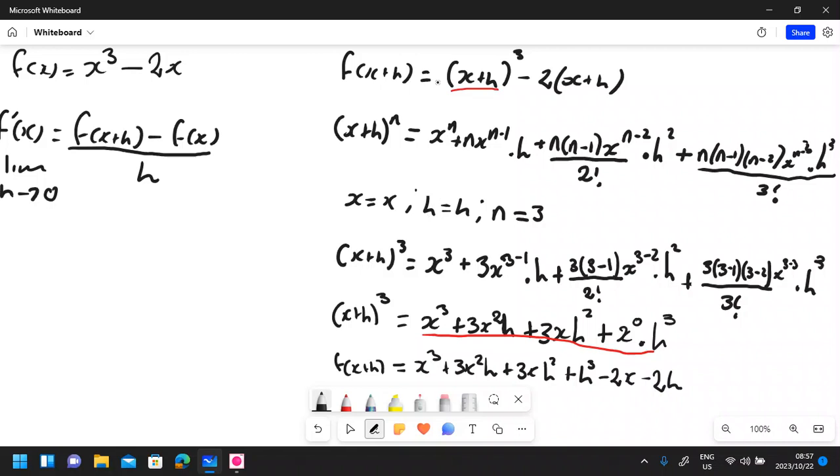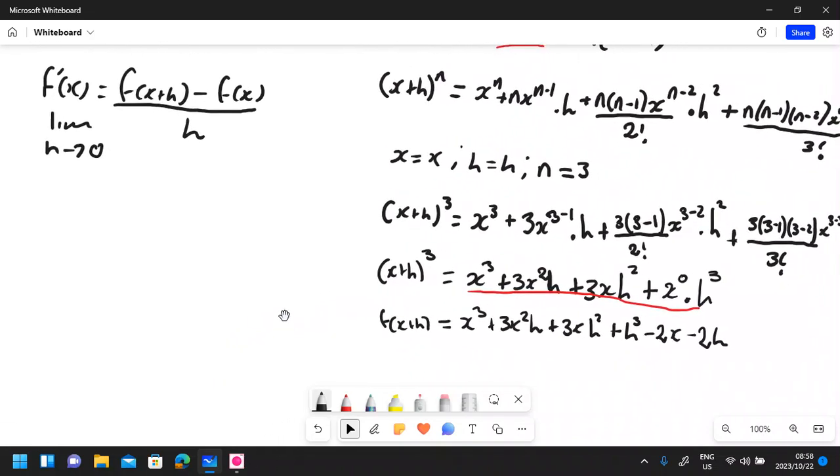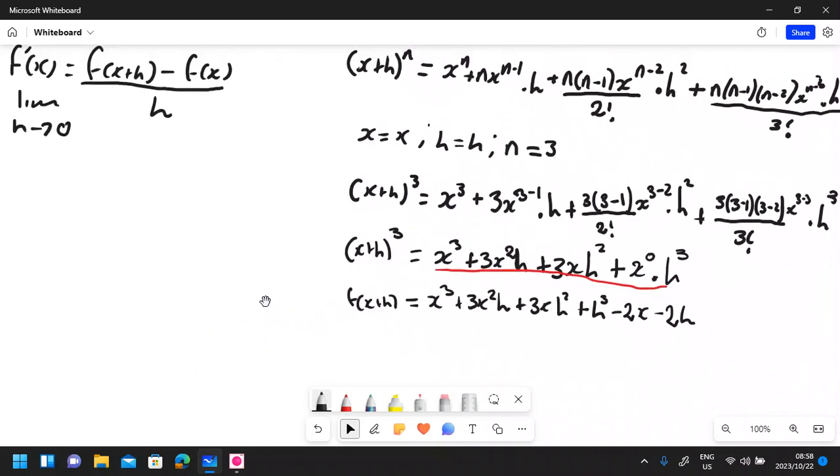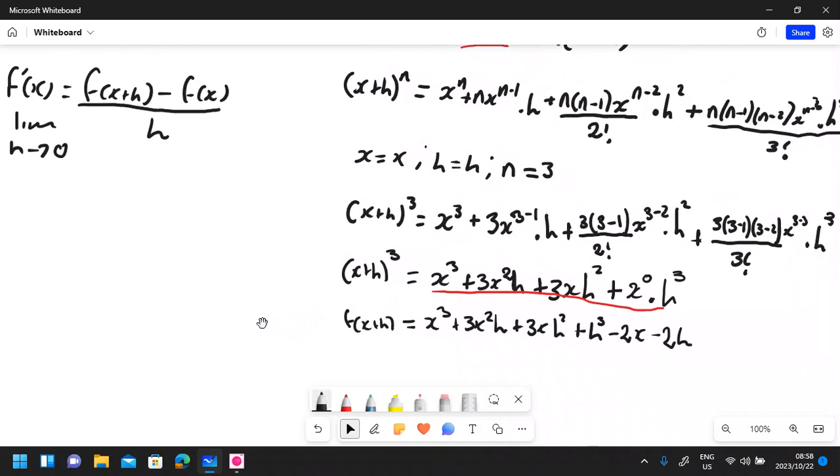So let's continue guys. Now we need to substitute our f of x plus h minus f of x into our formula. So we need to do it here on this formula here guys. So let's not forget, let's do it. This is going to take a bit longer, but you have to brace for the moment guys.